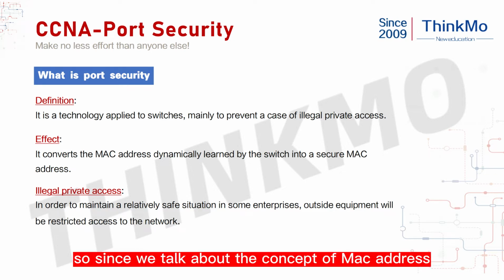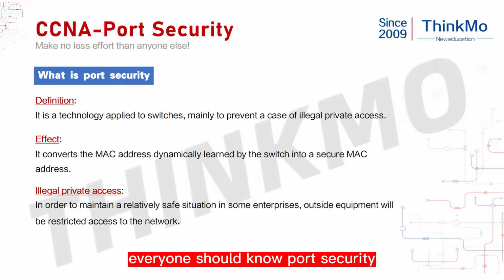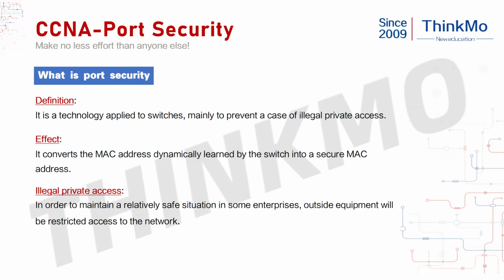Since we talk about the concept of MAC address, everyone should know port security must be a Layer 2 technology. It is for the MAC address, converting it to a secure MAC.